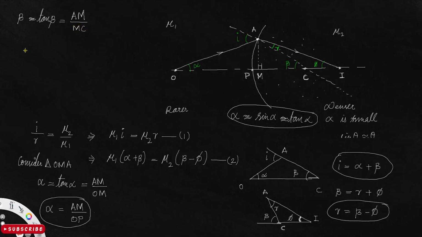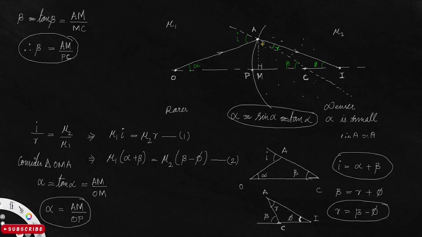Therefore beta is equal to AM divided by, instead of MC I can write PC. As we said before, this PM is almost equal to 0, so PC will be equal to MC. That's our beta.